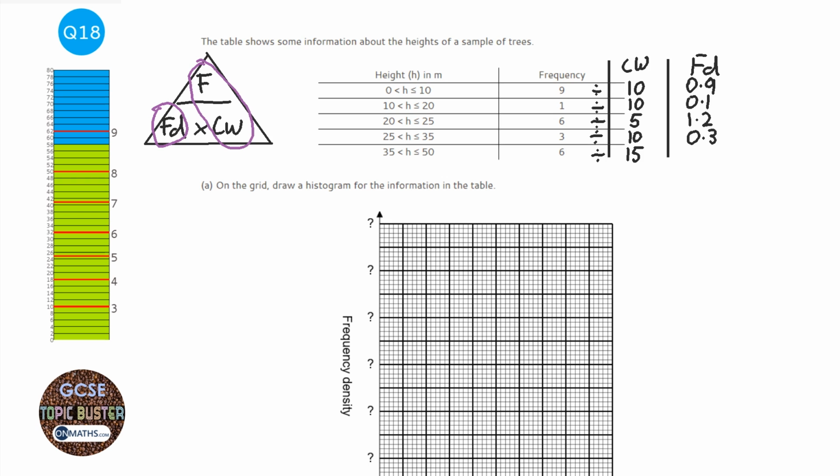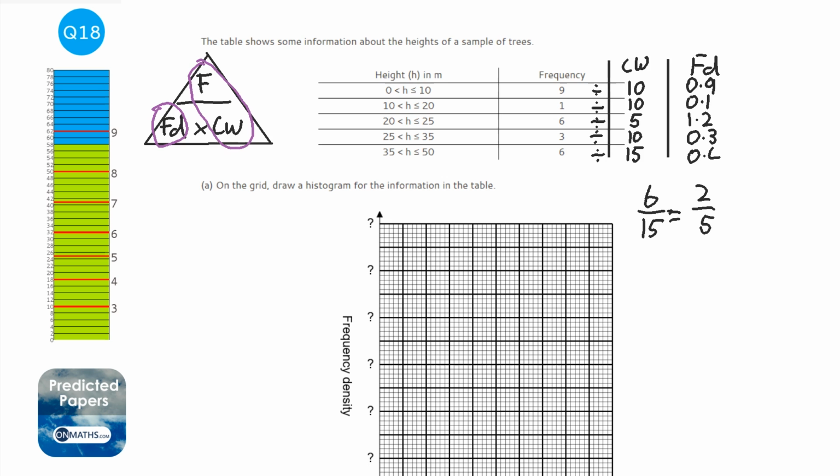And 6 divided by 15. Well, if I've got a calculator it's easy, but here I can divide top and bottom by 3, so that's 2 over 5, which is 0.4.